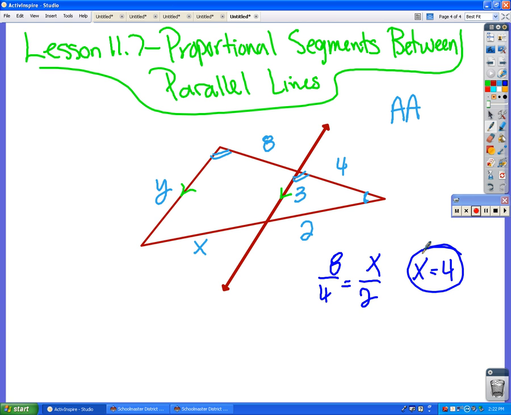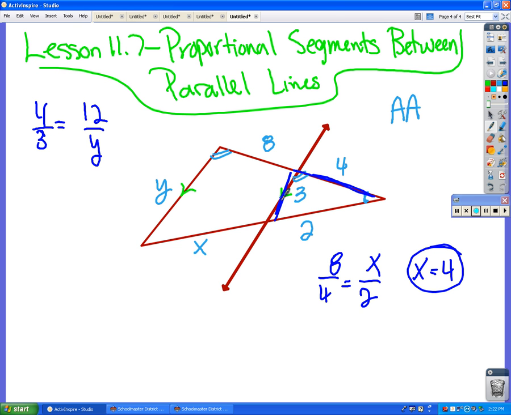Now here's where the trick comes in. This is what you have to be careful of. Give me a proportion that I can use to figure out what y is. Okay, good. He said 4 over 3 equals, mysteriously, he came up with 12 over y. Why did you do that? The whole side. Right, because if I'm going to go 4 over 3, that's a side of this triangle over this side of the triangle.